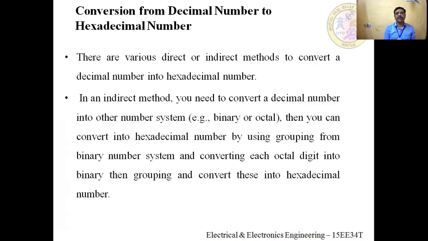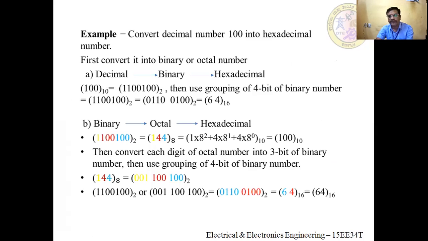Then again you reconvert from binary to hexa or from octal to hexa by grouping. You can convert to hexadecimal by grouping from the binary number system, converting each octal digit into binary, then grouping and converting these into hexadecimal. I will explain the complete theory of this topic in the problem.